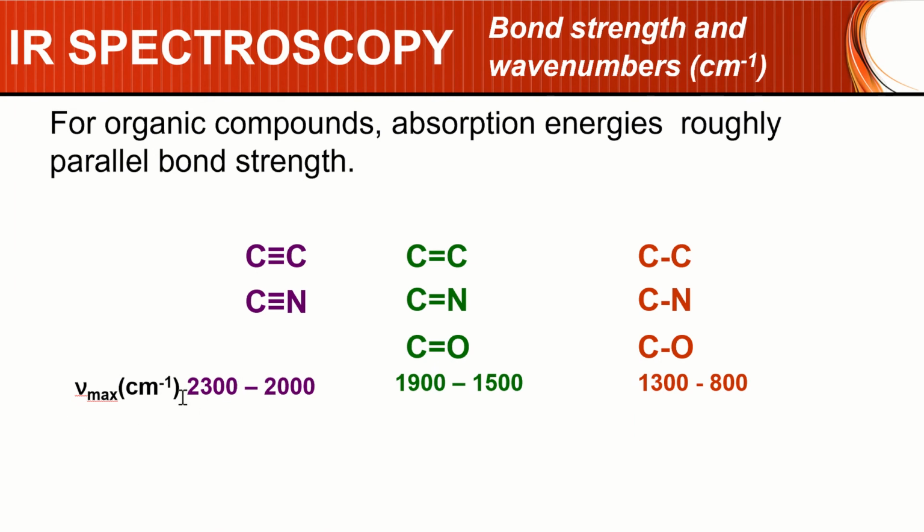We're seeing the 2000 region for the triple bond, the 1500 to 1900 region for the double bond, and lower numbers for the single bond. So we can get an estimation of the type or strength of a bond by virtue of its absorption energies. And these are for organic compounds, so notice that we have carbon in all of these.